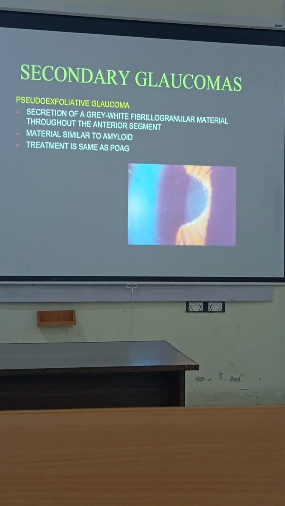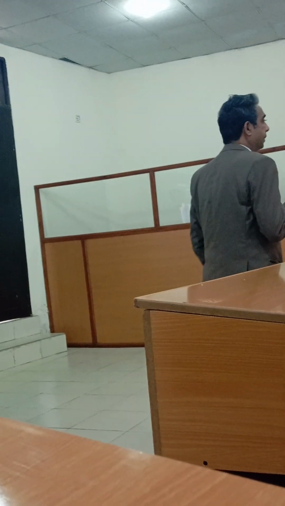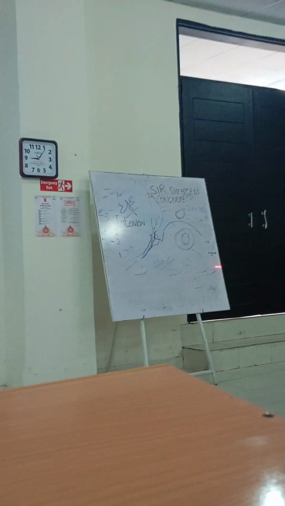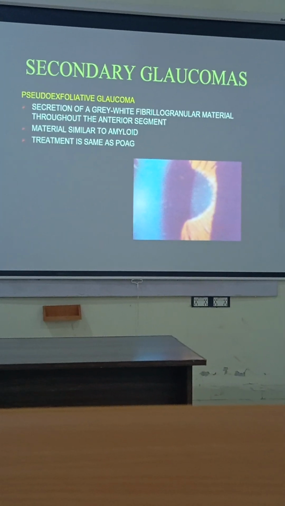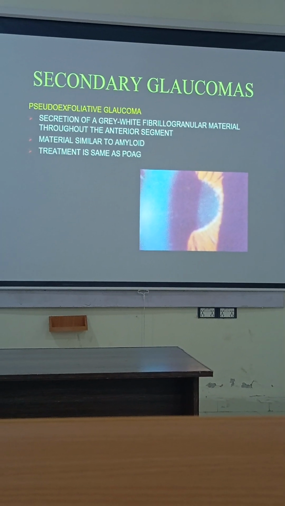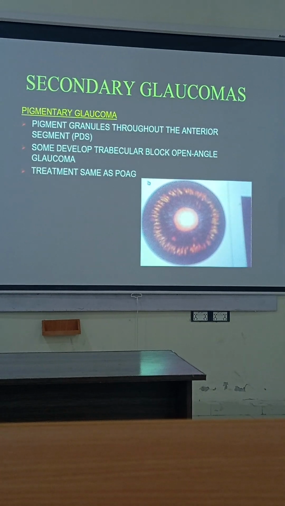Second, laser trabeculoplasty, and third, the surgical treatment, the filtration surgery, that is trabeculectomy, which I have repeatedly told you is to make an anastomosis between anterior chamber and subconjunctival space. So it is the treatment of all the glaucomas. Same is true for secondary glaucomas in most of the cases, depending on the cause.